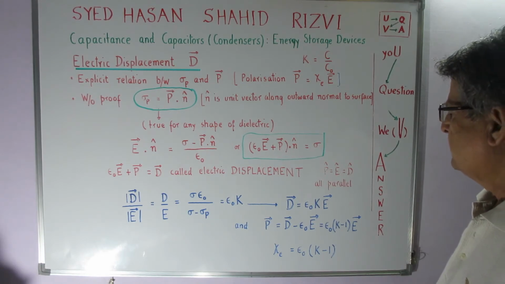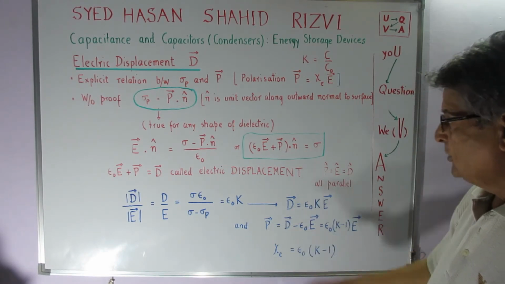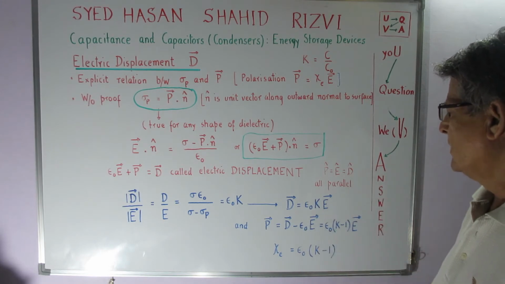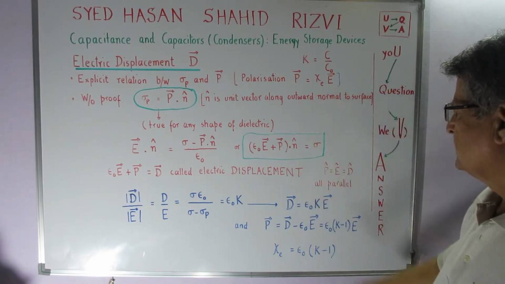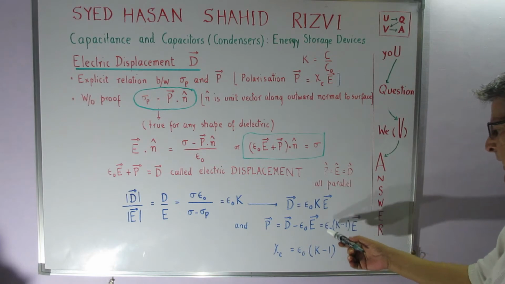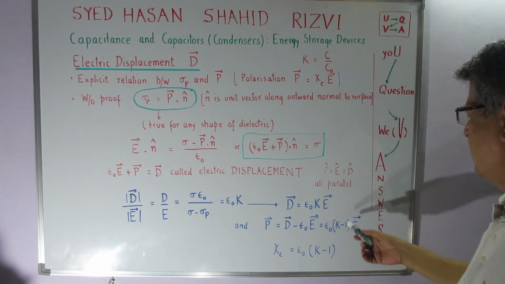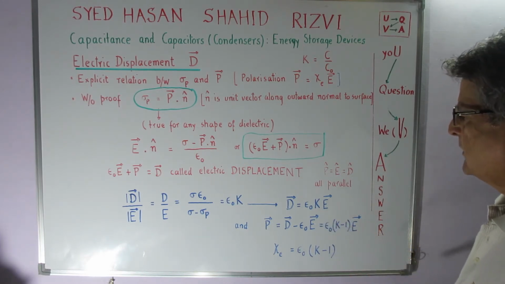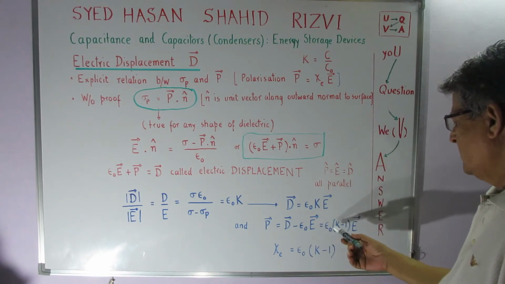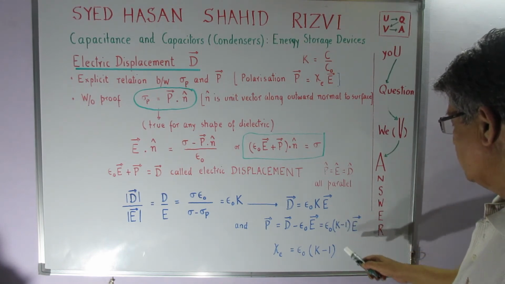which gives the value of the electric displacement vector as epsilon naught K into E, and P will therefore be given as D minus epsilon naught E. So I take epsilon naught out and substitute the value of D over here, epsilon naught K into E, and I will get this relation that P is equal to epsilon naught K minus 1 into E. K, I told you, is always larger than 1, therefore this quantity will be a positive quantity.